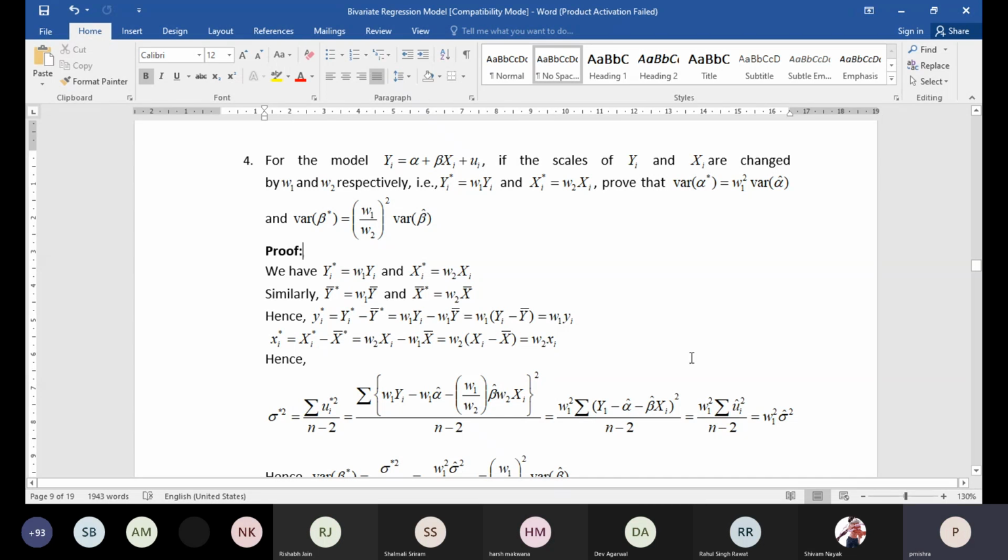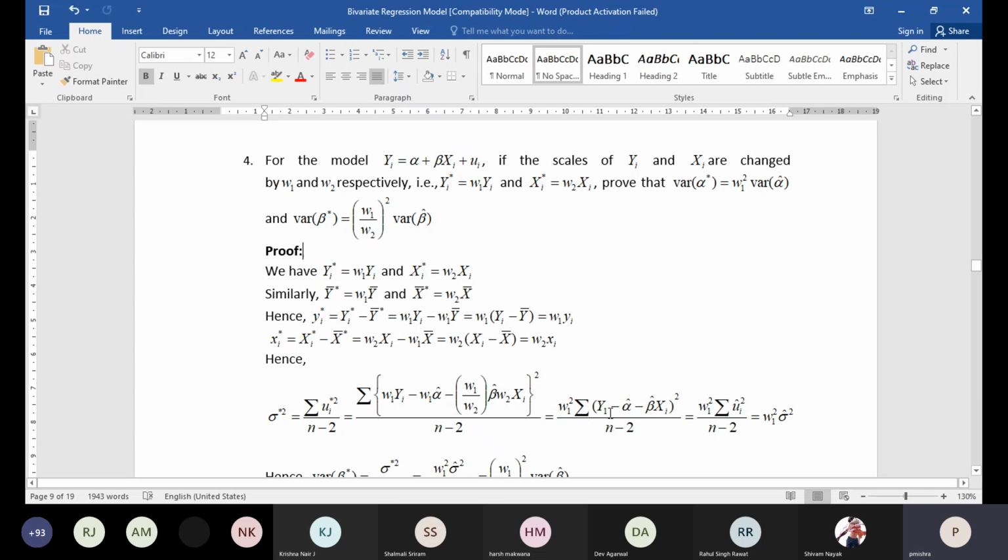So we are replacing xi star with W2 xi and beta star with W1 by W2 into beta hat. Then this W2 is being cancelled out. So eventually you see here I have W1 yi, here I have W1 alpha hat, here I have W1 beta hat into xi and then whole square.